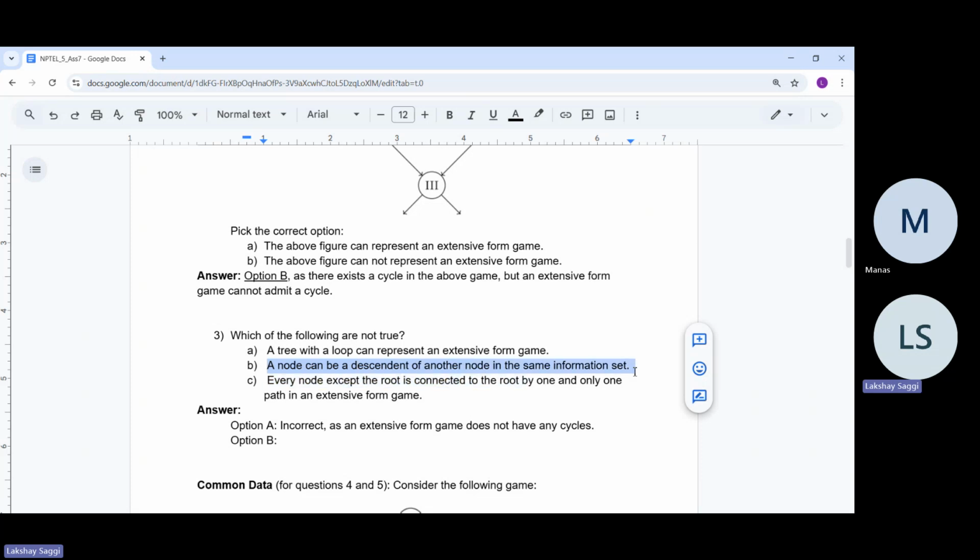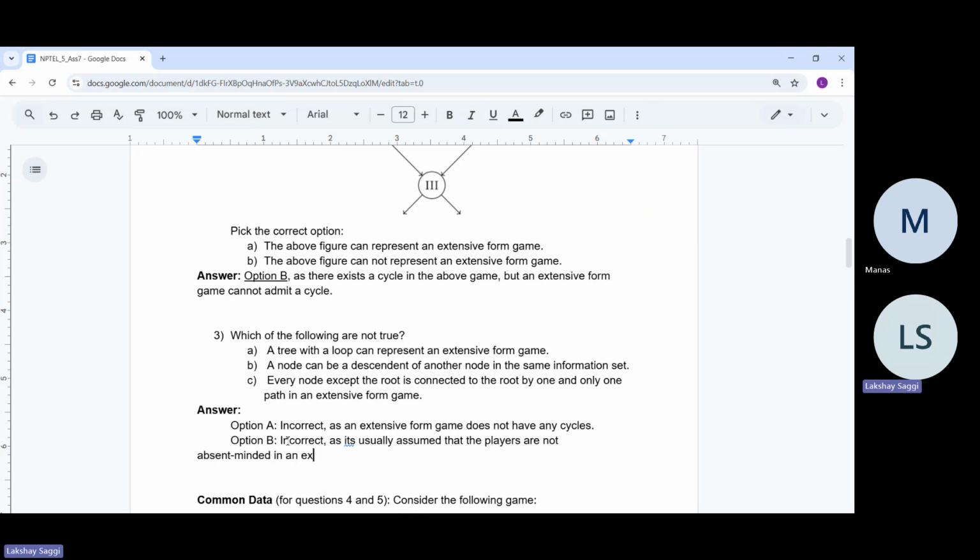is actually false. Usually in an extensive form game, we'll be assuming that the players are not absent-minded. So this is incorrect, as it's usually assumed that the players are not absent-minded in an extensive form game.